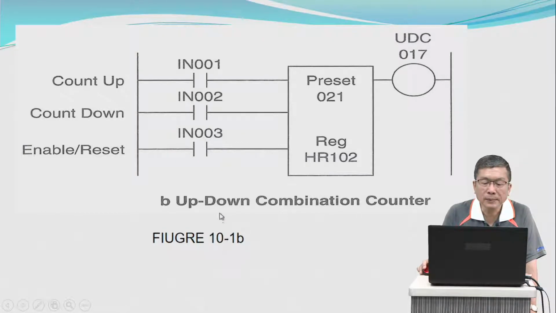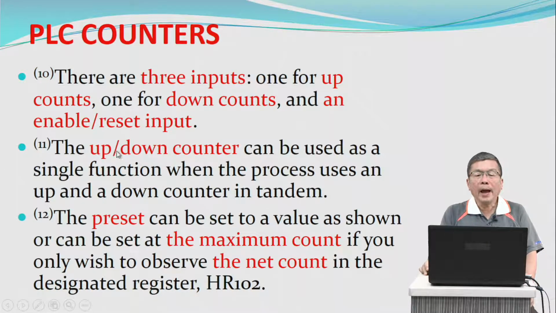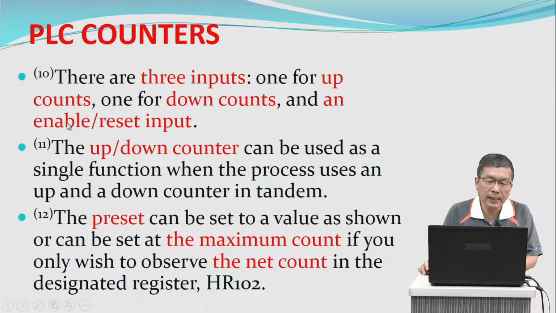This is the up-down combination counter. There are 3 inputs: one for up count, one for down count, and an enable reset input. The up or down counter can be used as a single function when the process uses an up and a down counter in tandem.